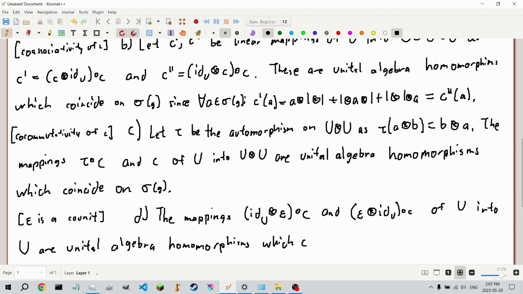Which coincide with the identity in U on our generating sigma of G.